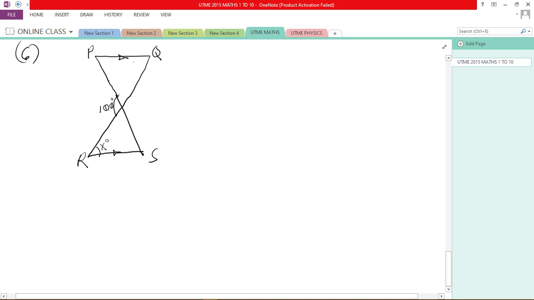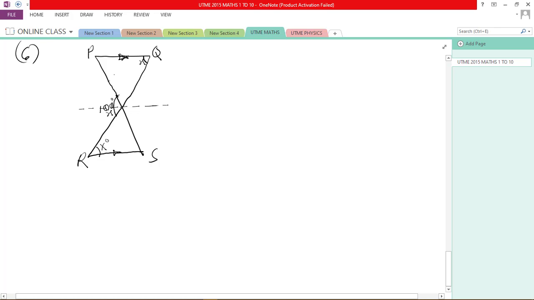If that is the case, looking at this thing, draw a line parallel to this place. Here will be X, that's alternate angle. And if you look at it very well, here will also be X as alternate angle.